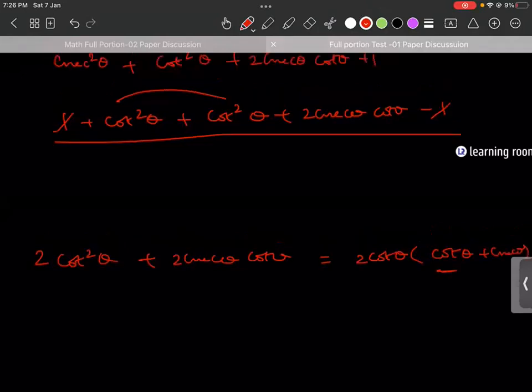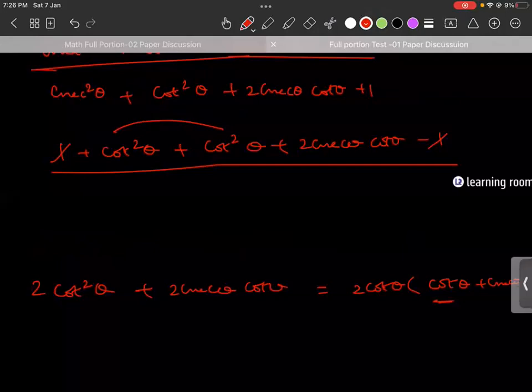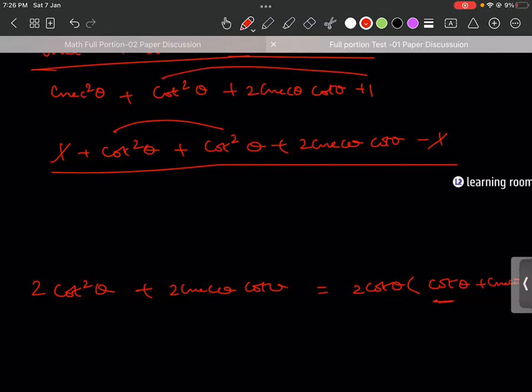Correct? Now what I can do is write 1 plus cot square theta as cosecant square theta, plus you have another cosecant square theta. So it will become 2 cosecant square theta plus 2 cosecant theta into cot theta.